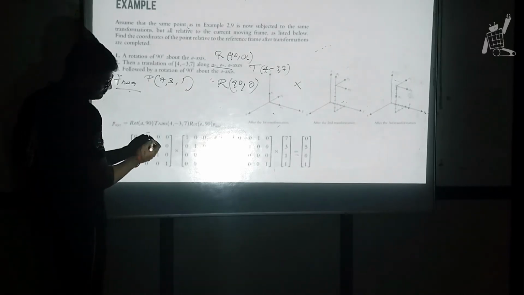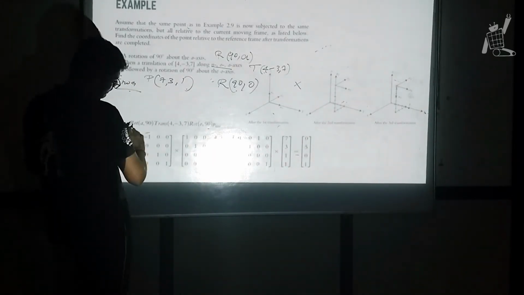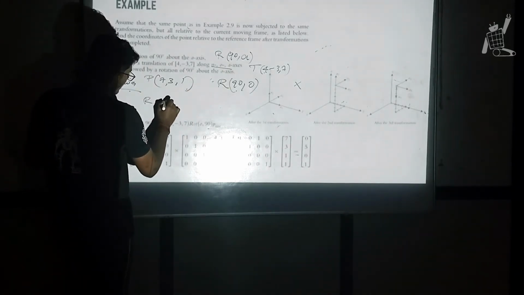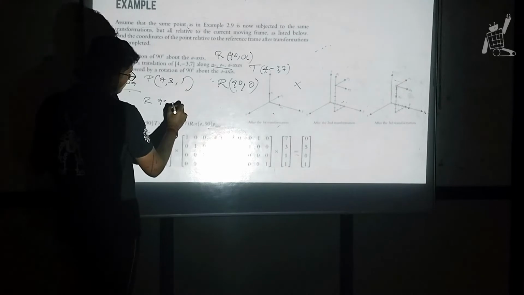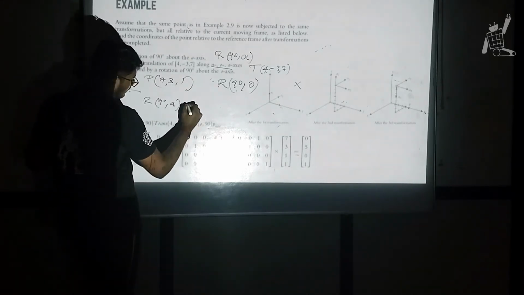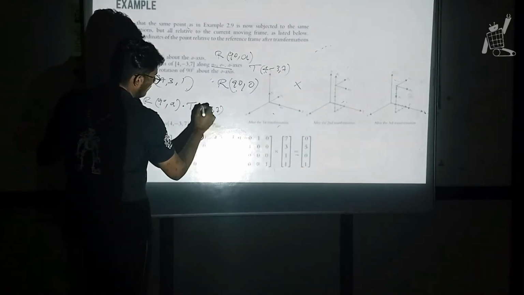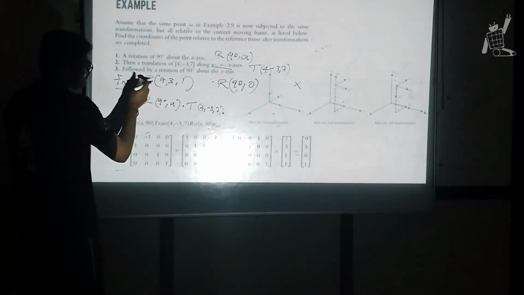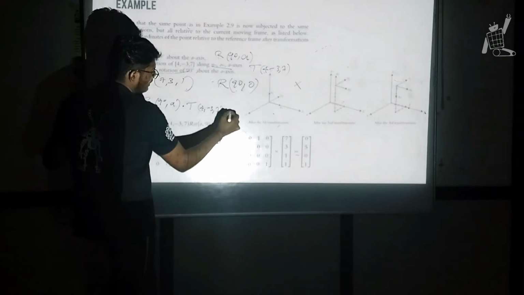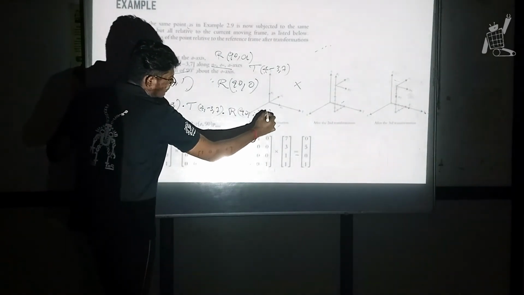So we have the point P in NOA; first will be R90, rotation of 90 degrees with respect to the A axis, multiplied by translation of 4 minus 3 7. Now it is post multiply, not pre multiply, followed by the rotation about the O axis 90 degrees. Then we will put the point P in NOA.